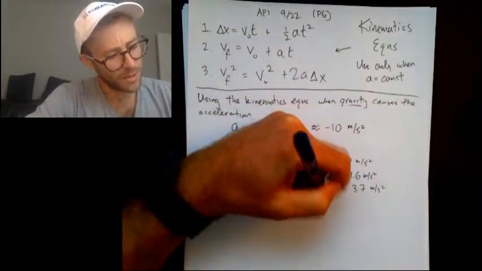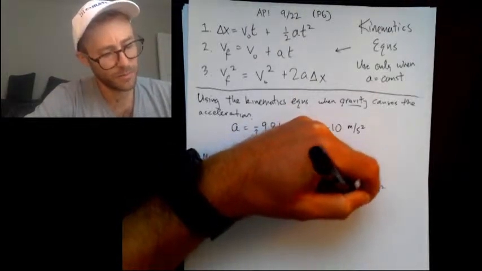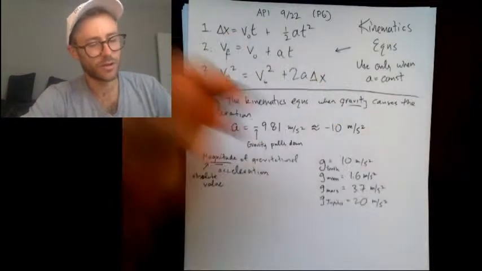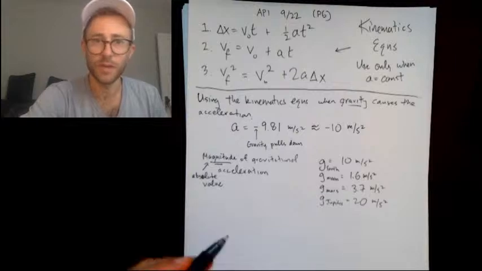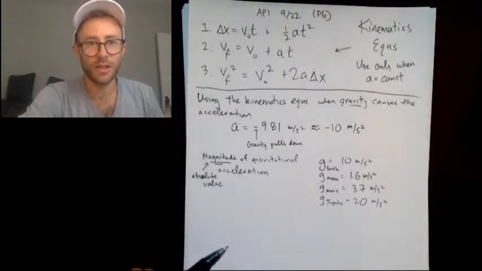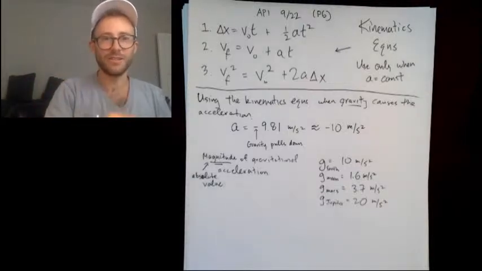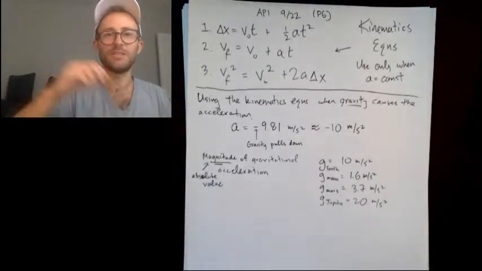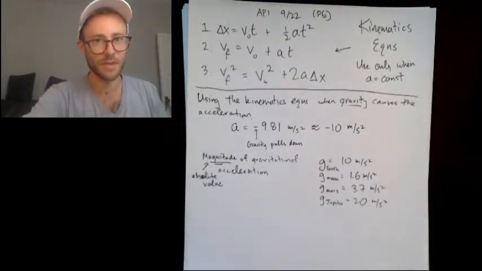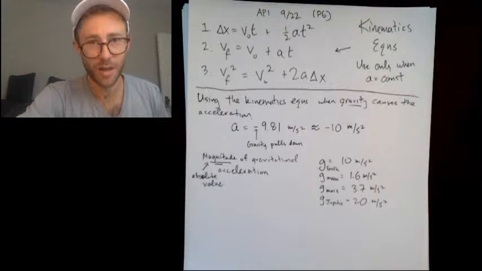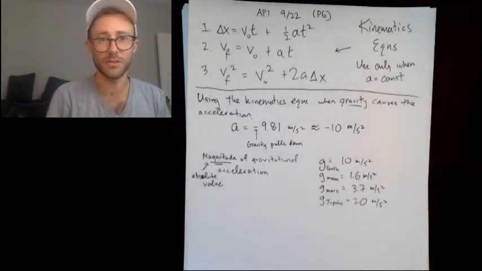The gravity on Jupiter is more like 20 meters per second squared. So the gravitational acceleration varies from planet to planet. Unless otherwise stated, so unless I explicitly say this event is happening on the Moon or on Mars, you're going to assume that what is happening is on Earth, and if it's flying through the air, it's accelerating due to gravity.